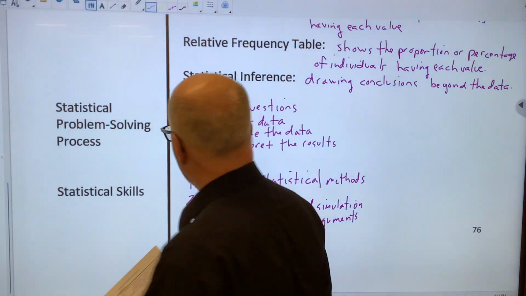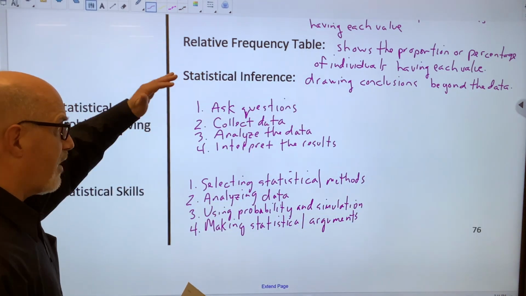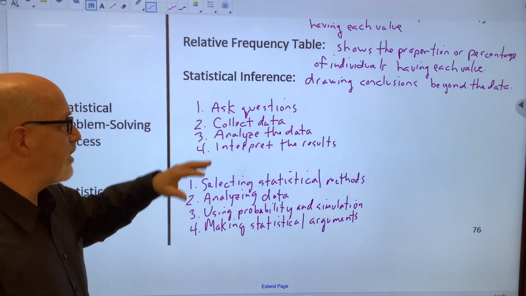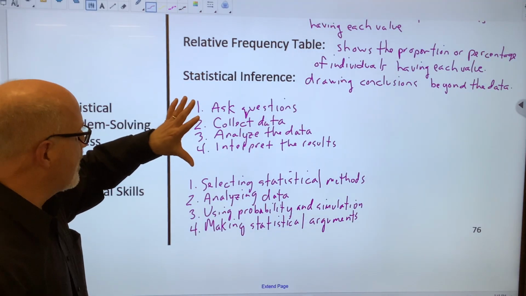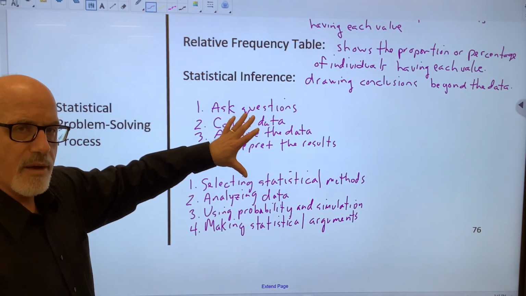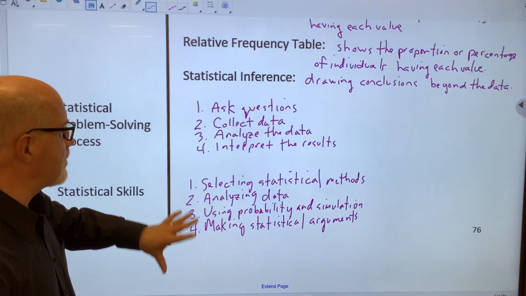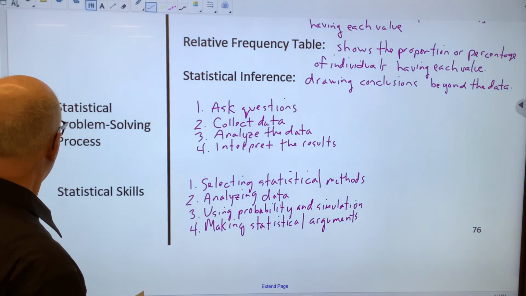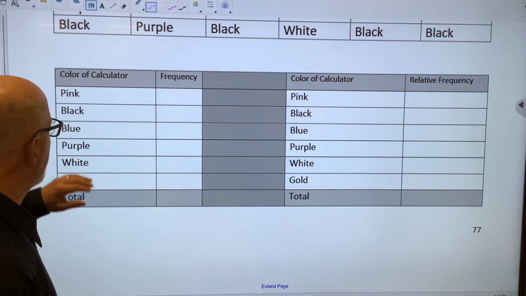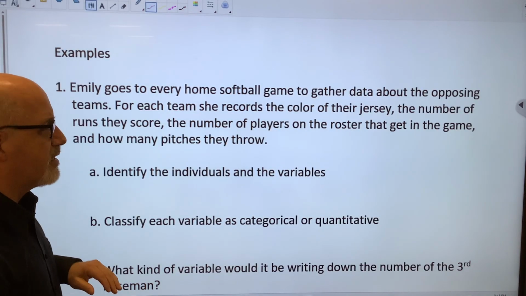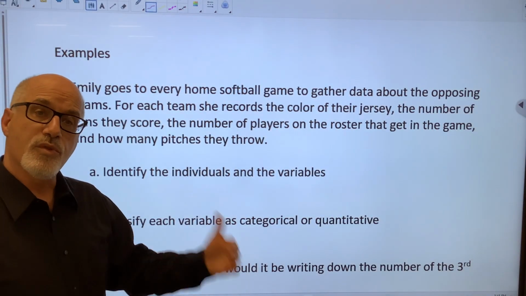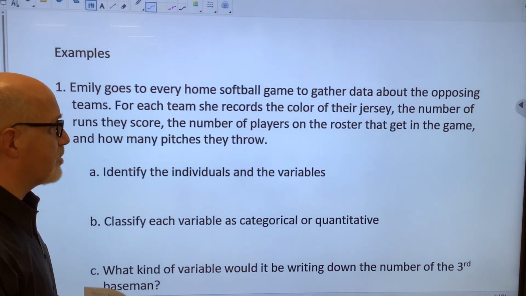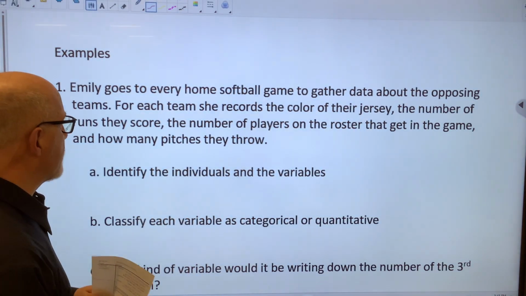Okay, so that's a lot of our vocabulary, and these will be the process that we use in most of our statistical steps, and these are the skills we're going to work on in that process. All right, let's look at a couple different things to use this vocabulary, to put it into some examples.